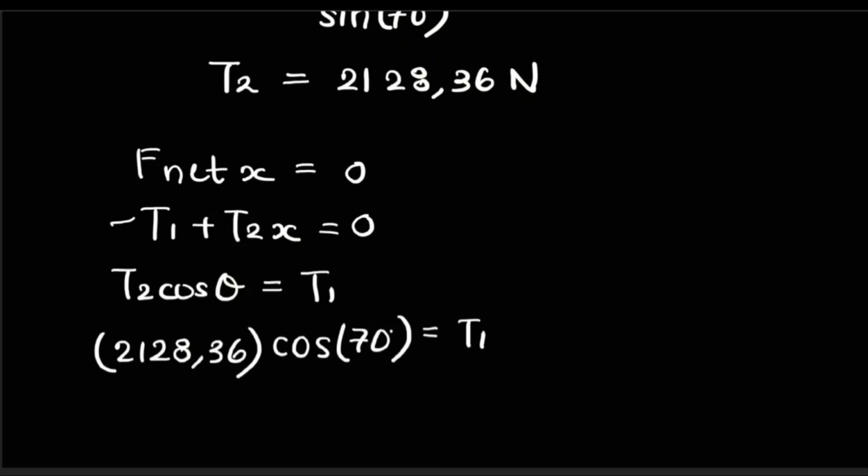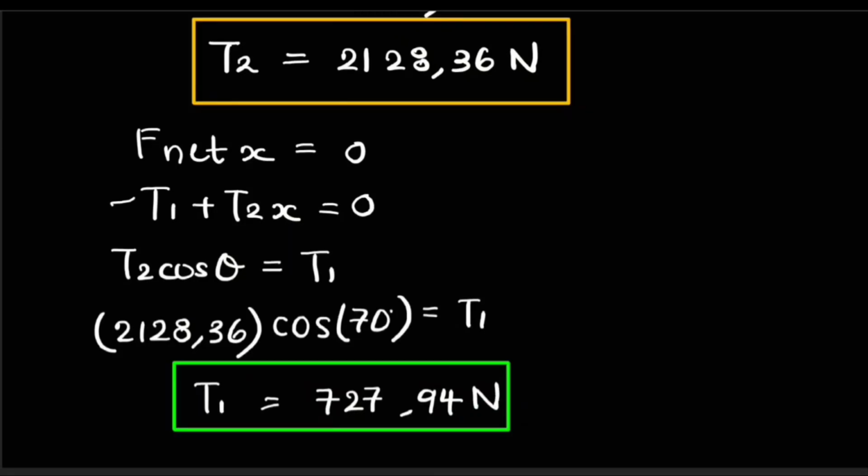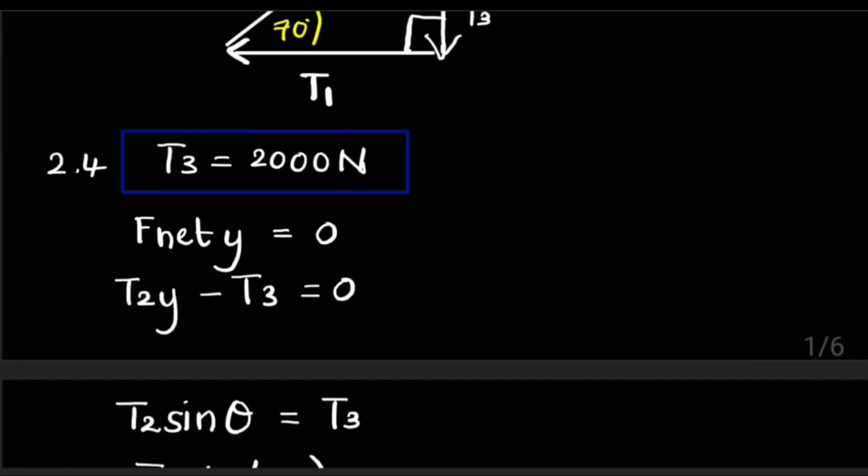All of that is equal to T1. Let's calculate. So I get T1 as 727.94 newtons. So there we have it. We have solved for T1, T2, and T3 was actually given to us.